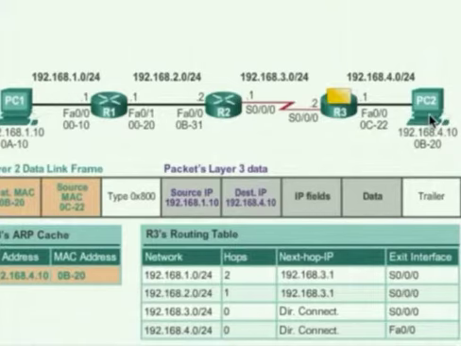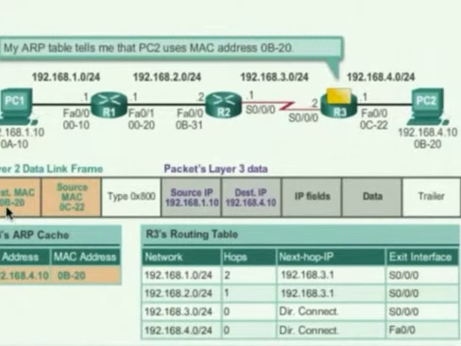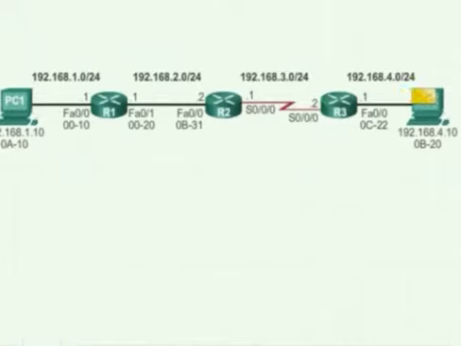So when PC2 sends back an ARP reply to router 3 with its MAC address, that is 0B20, and the source MAC address of router 3 that is 0C22, now the router is prepared to send the packet to PC2. And that is how a packet is sent from PC1 to router 1 and then to router 2 and then to router 3.